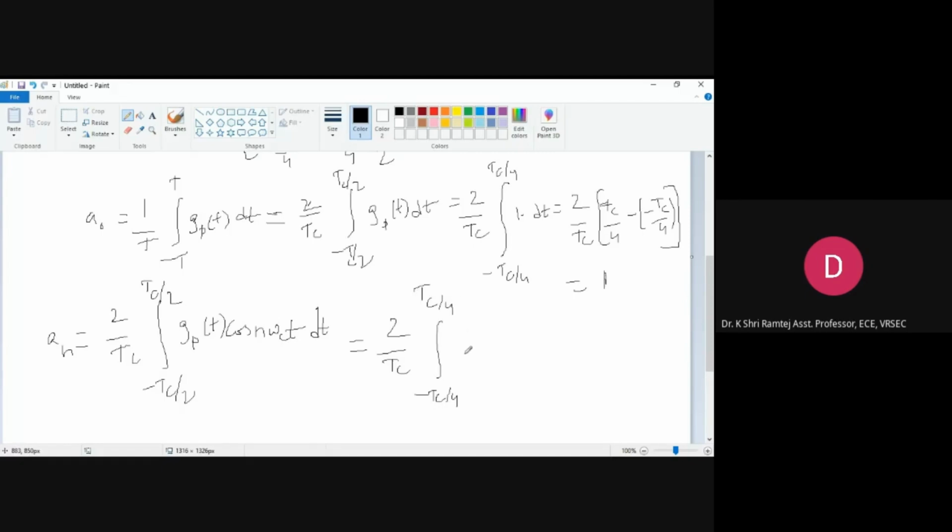Gp of t is 1, so it will be cos n omega ct dt. So it will be 2 by Tc. The integral of cos will be sin n omega ct divided by n omega c, and the limits are from minus Tc by 4 to Tc by 4.